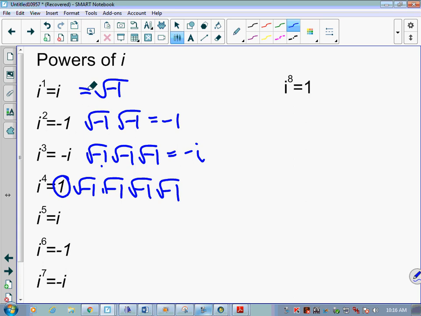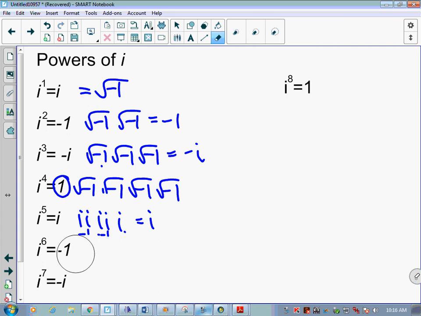So let's think about it like this, if it helps. I've got 5 i's. These two i's together equal negative 1. Those two i's together equal negative 1. And that's just an i. That's 1. This is i. I'm left with just i. Does that make sense?